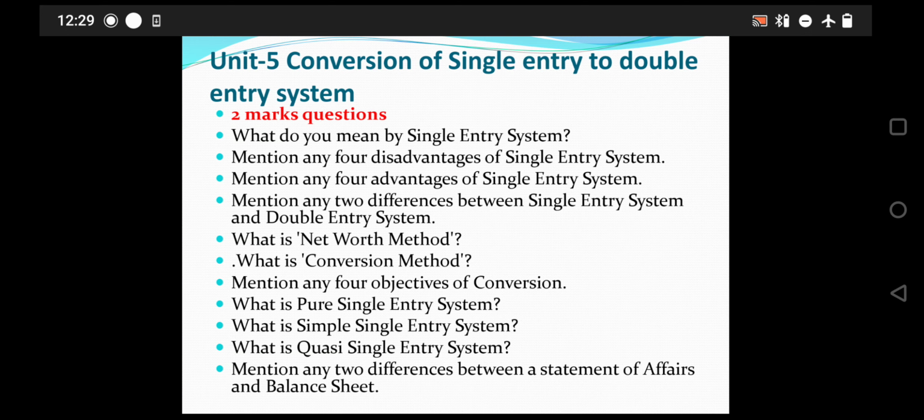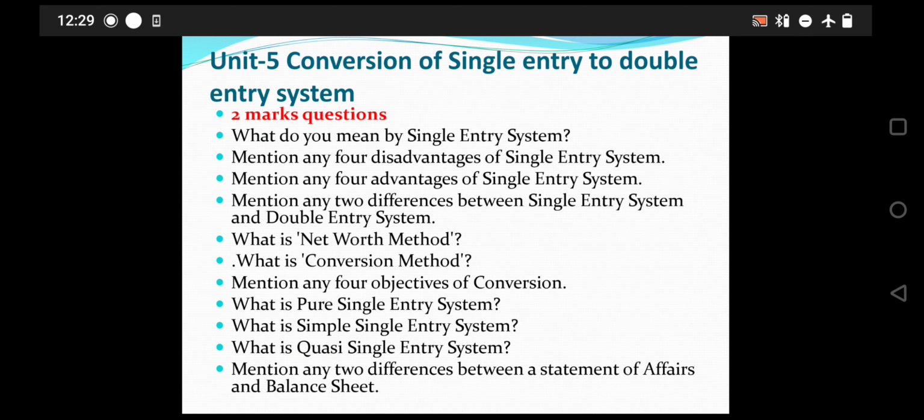And it is very difficult to settle financial disputes if anything happens between the company and the financial institutions, or within the company. And last one, any information which is required to clarify a doubt will not be available from single entry system.